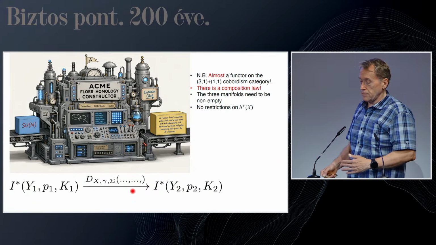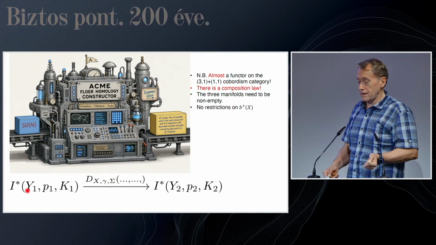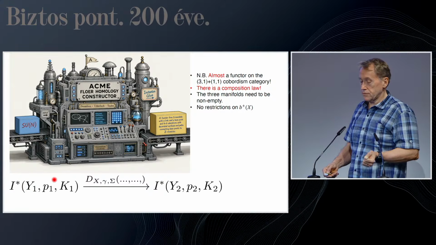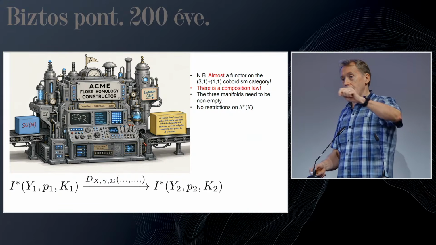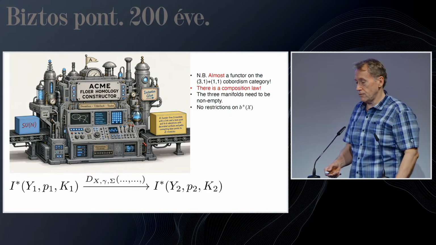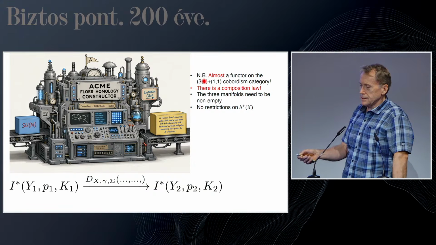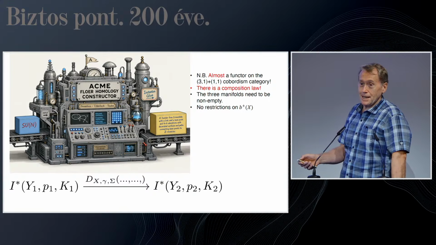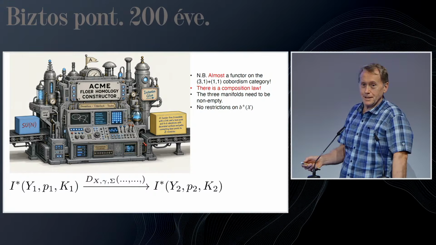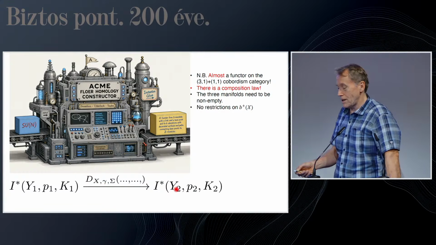But then you have to pay for that, because if you have a cobordism, you don't just have a cobordism between the 3-manifold and the knot, and another 3-manifold and a knot, but you have to drag your base point through the 4-manifold. But then it really is almost a functor. Your 3-manifold has to have a base point, so it has to be non-empty. And the cobordisms have to be able to drag a base point across.